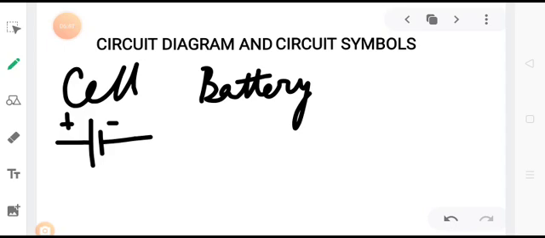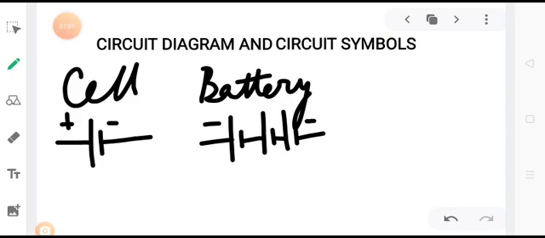I will show you the symbol for a battery of two cells. You can see I have shown you the combination of three cells actually. So there are three positive terminals and three negative terminals.